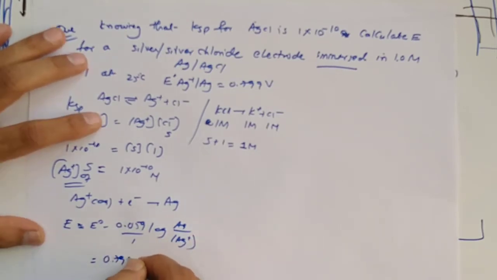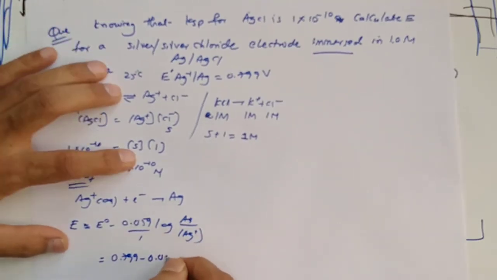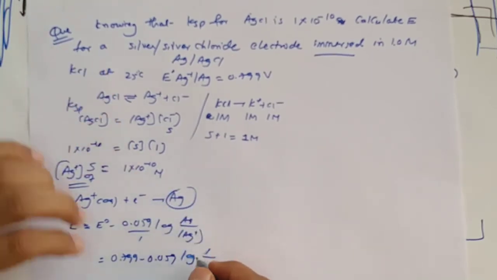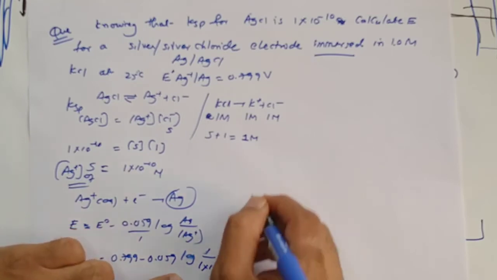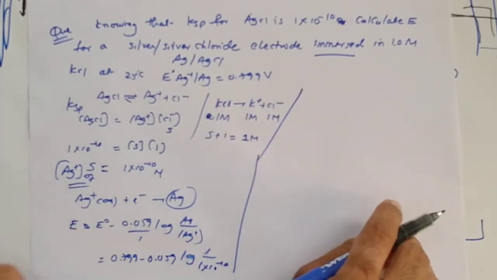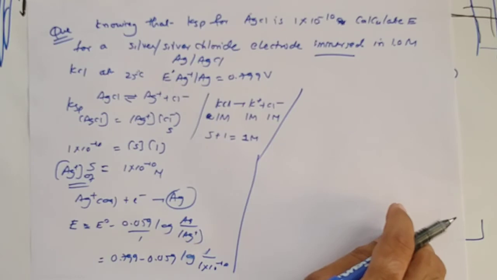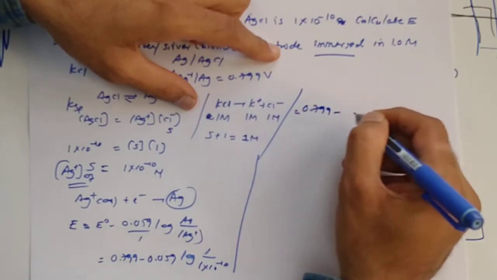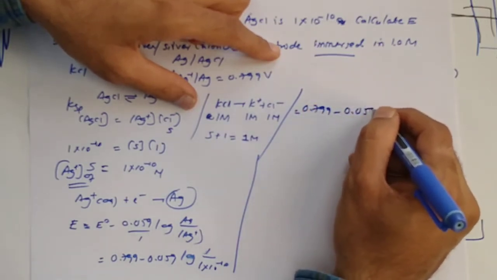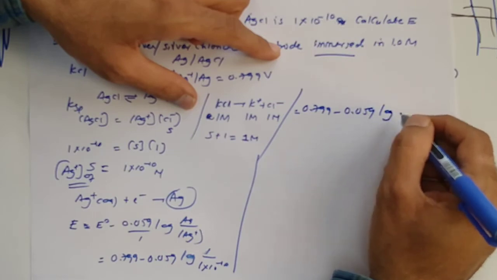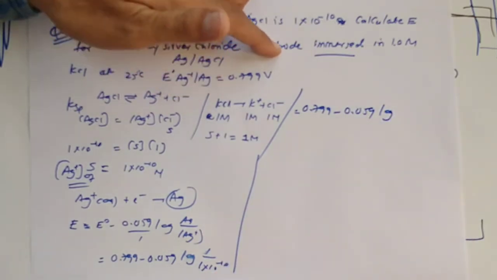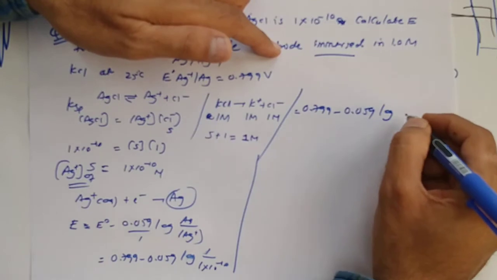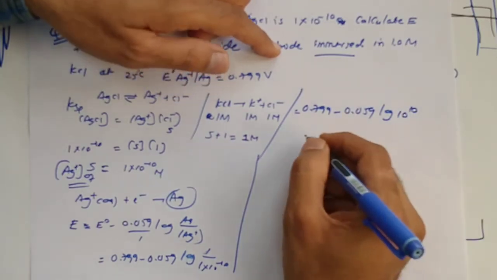Here 0.799 minus 0.059 log of 1 upon 1 into 10 raised to minus 10, which means minus 10, here plus 10.